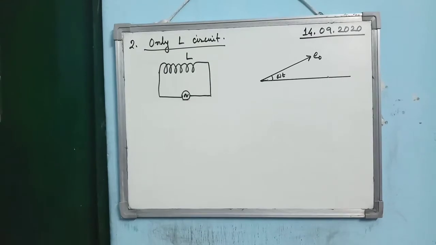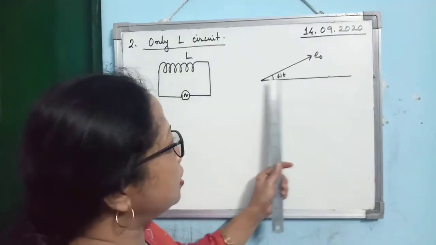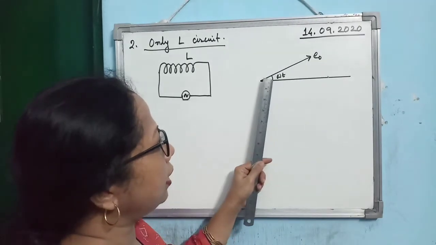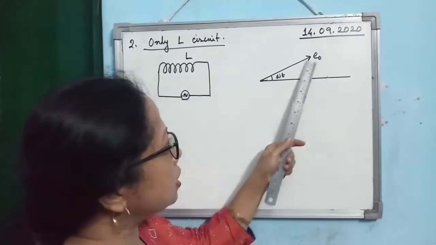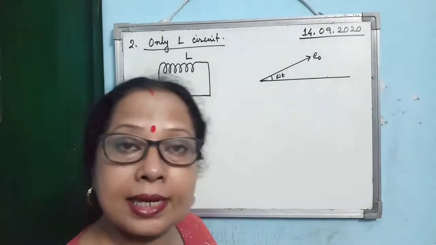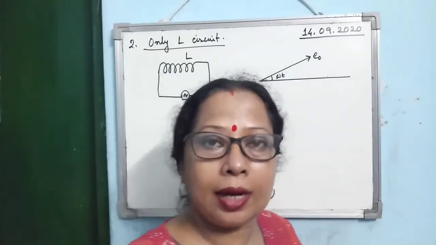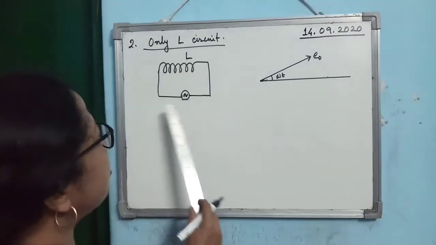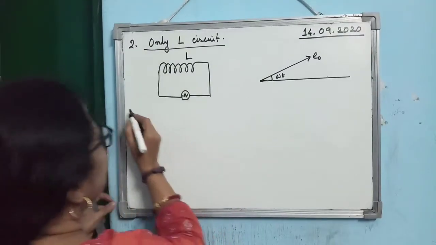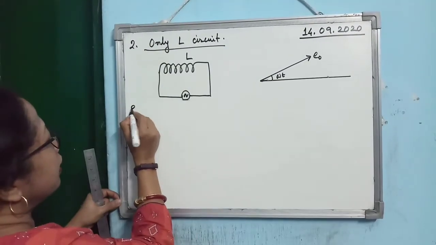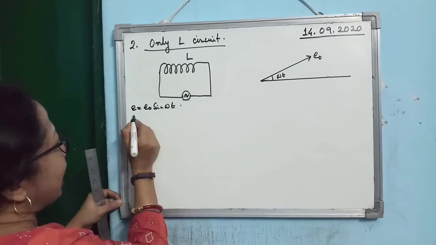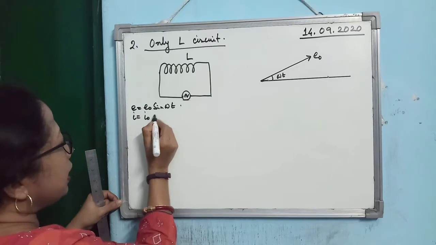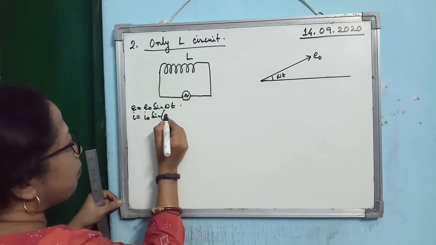Now you follow how to draw the phasor diagram. I hope you have not forgotten. So this is our reference line, and the rotating vector is making an angle omega t. This vector represents E0, the peak value of the EMF. Now you see what I0 will be. We know that I is lagging behind E by an angle pi by 2.